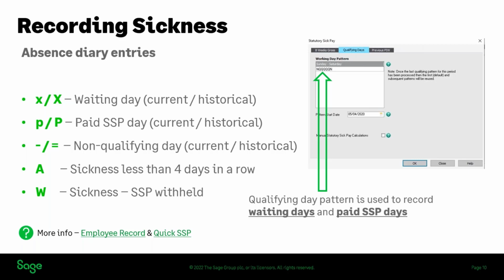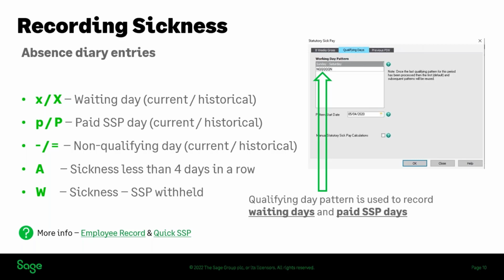P, for any paid SSP days. So for any days they are due any SSP or have been paid, you will either have a lowercase or uppercase P. You have a dash or an equal sign for non-qualifying days. Of course, a dash does not have capitalization, so it turns into an equal sign as well. So it gains an additional dash.